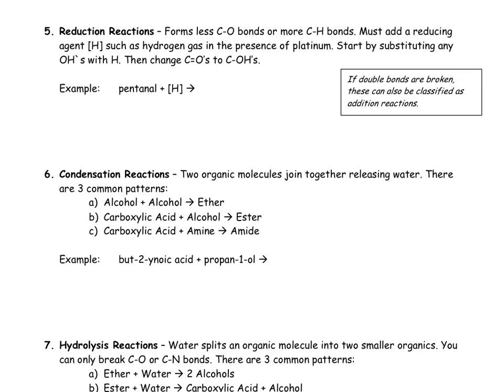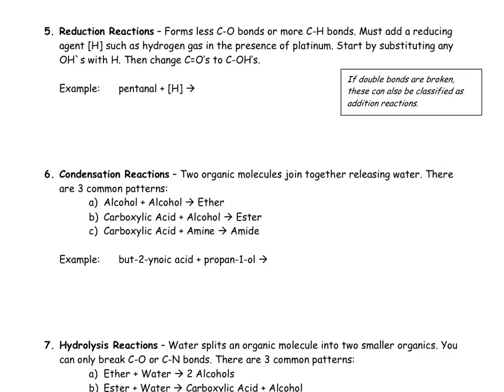There's a particular order for removing CO bonds. You start by substituting any hydroxyl groups with just a single H. Hydroxyl groups are easier for the reducing agent to break off and replace as opposed to trying to attack a C double bonded O. But if your organic doesn't have any hydroxyl groups, then you change any C double bonded O's into singles.